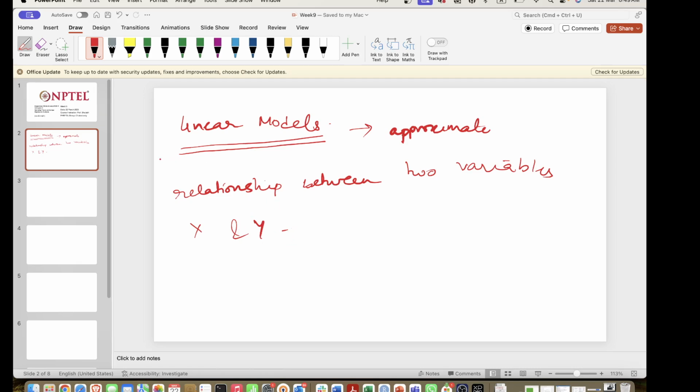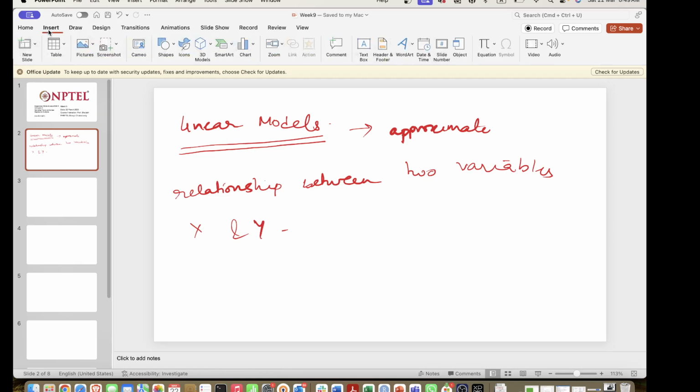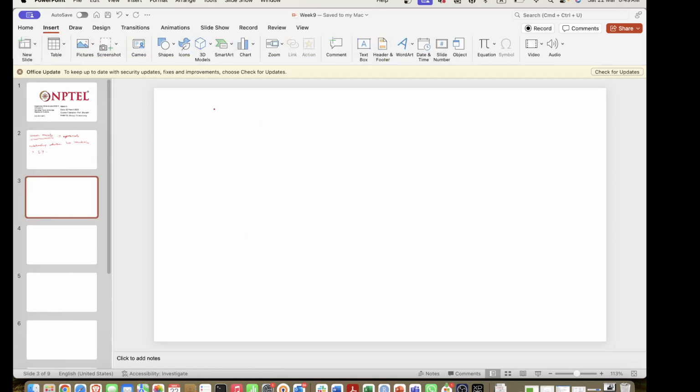Okay, so if I have to give an example, let me start with this one. Let's say my y variable... let's say I am a farmer, and I am interested in looking at the yield of a crop.